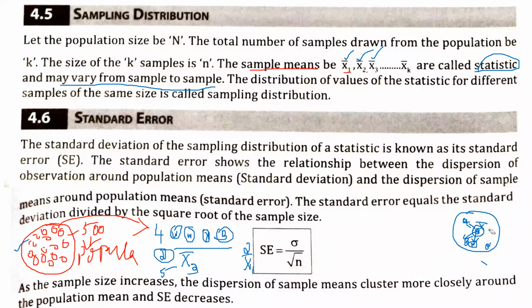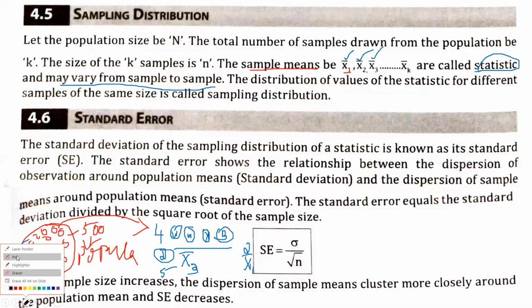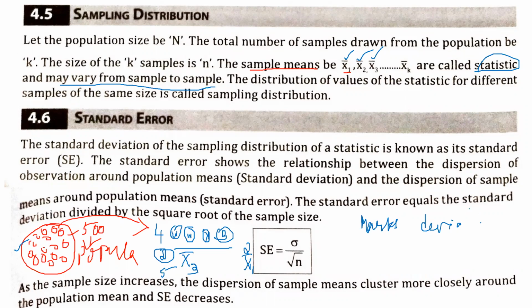Now let us take another example: marks of a test. We will find deviations. You remember? X minus X bar. We'll find the deviation. This is nothing but the variance.